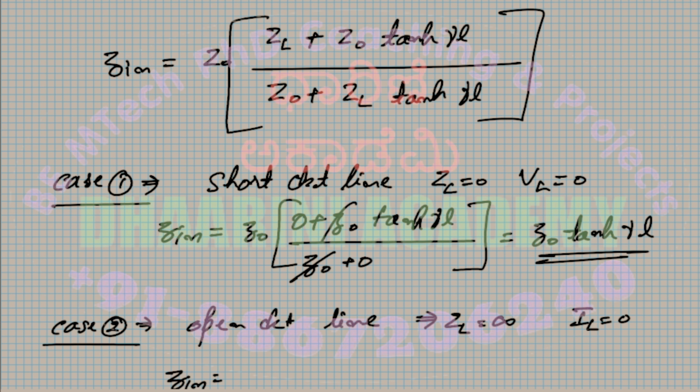Very similar thing, right? But if I substitute ZL equal to infinity there, I get infinity by infinity, undefined. So try to take ZL out and then simplify.